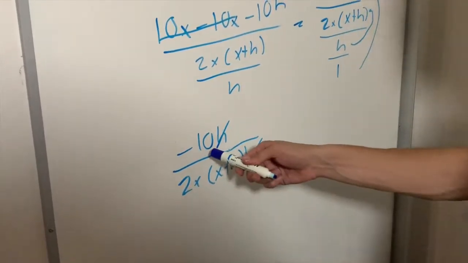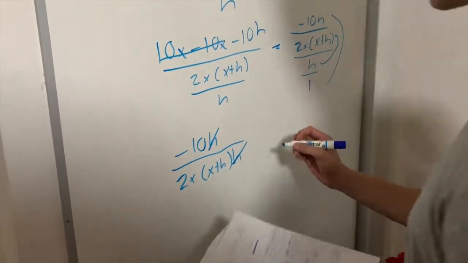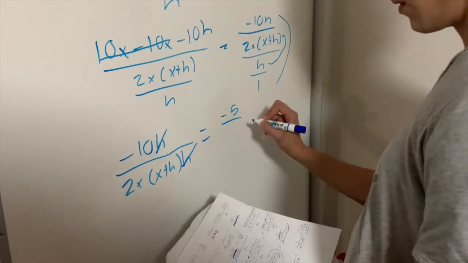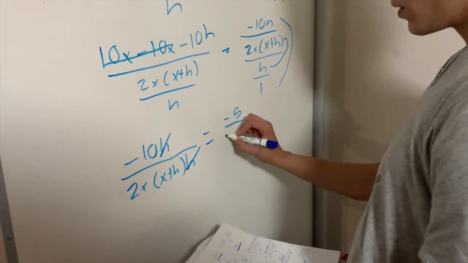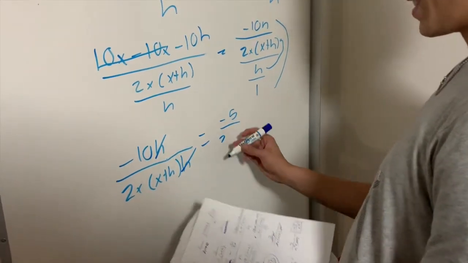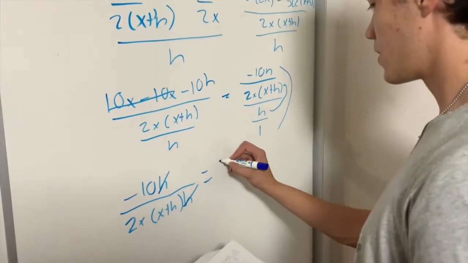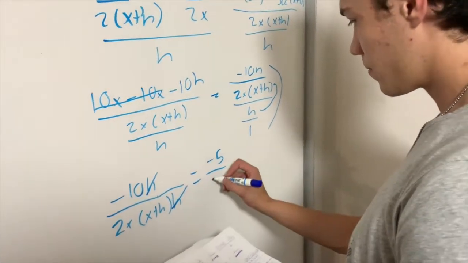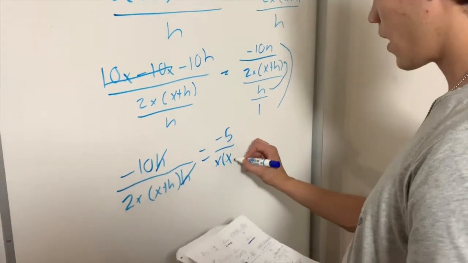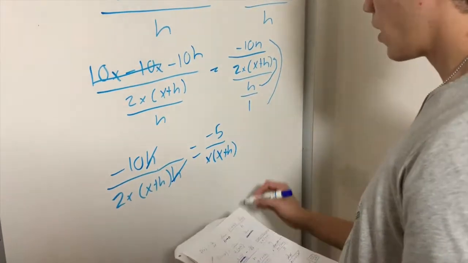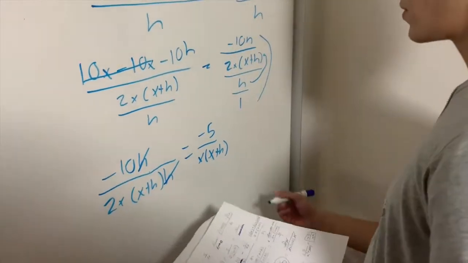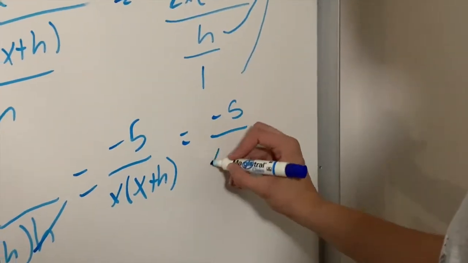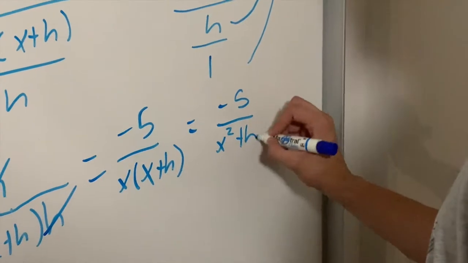And then we can cancel out the 10 and the 2, which is later going to give us negative 5 over x times x plus h. And then if we apply the distributive property, it's going to give us negative 5 over x squared plus xh.